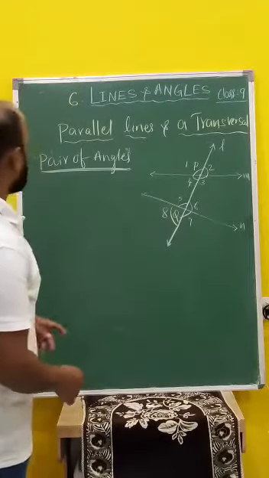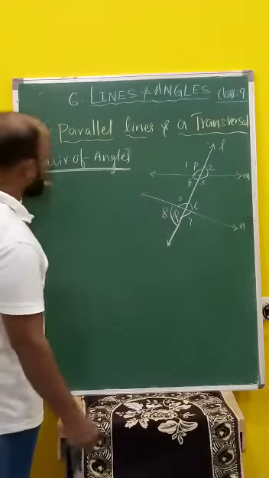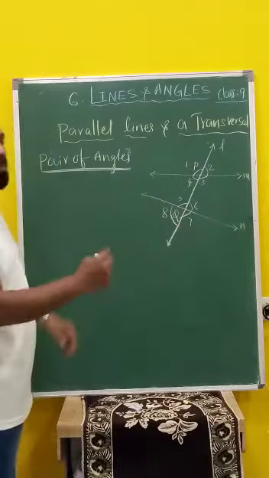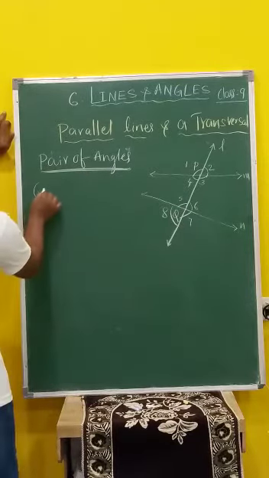Now, pairs of angles. In this, all 8 angles are there, and we have pairs of angles. Pair means two. In the pairs of angles, the first one is corresponding angles.